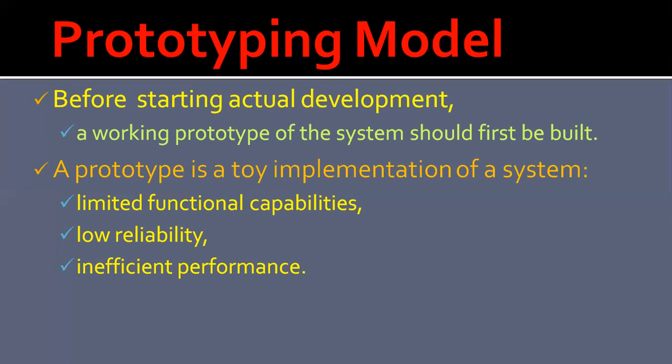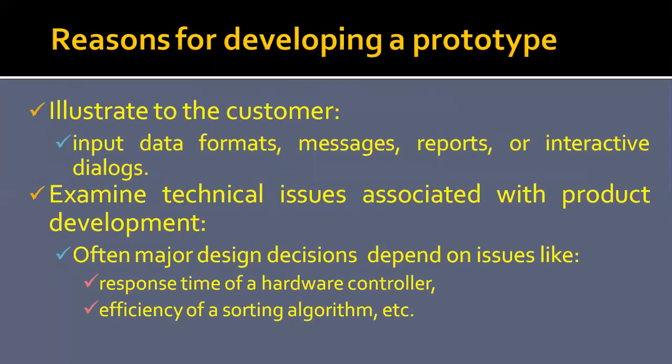The term rapid prototyping is used when software tools are used for prototype construction. For example, tools based on fourth generation languages, 4GL, may be used to construct the prototype for the GUI parts. Then what is the necessity of these prototyping models?